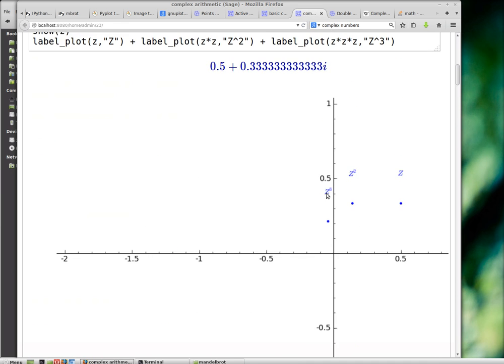And in this picture, what's happening is, z makes a certain angle here with the x-axis. And when you go to z squared, we've already talked about what happens with the distance from the origin. But what happens with the angle is that it's just twice the original angle. So every time you multiply by z, you're adding this angle, whatever that angle happens to be.